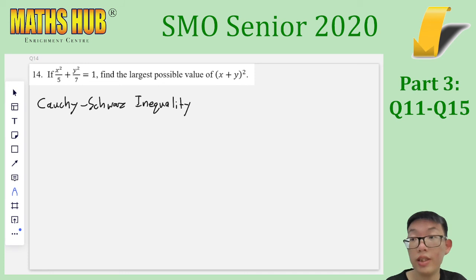Now the Cauchy-Schwarz inequality is something that we can apply in many instances, and I'm just going to state the result first.